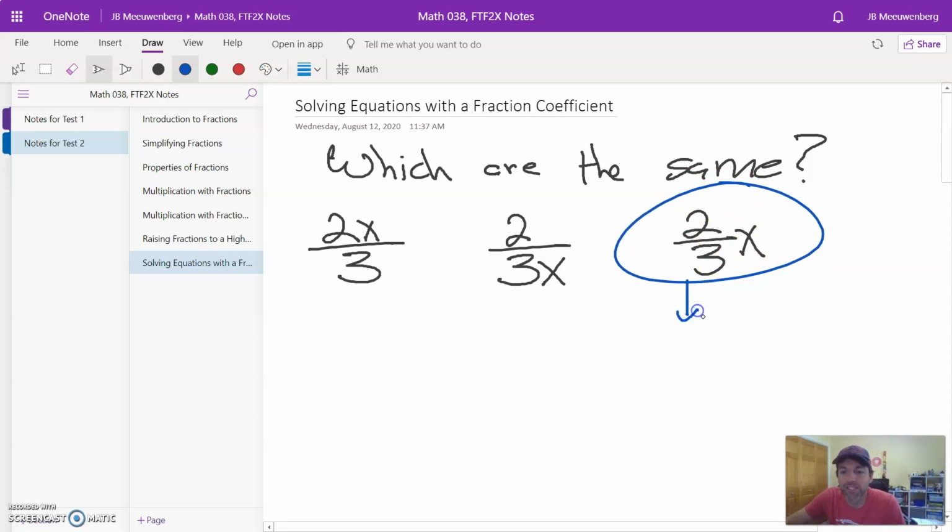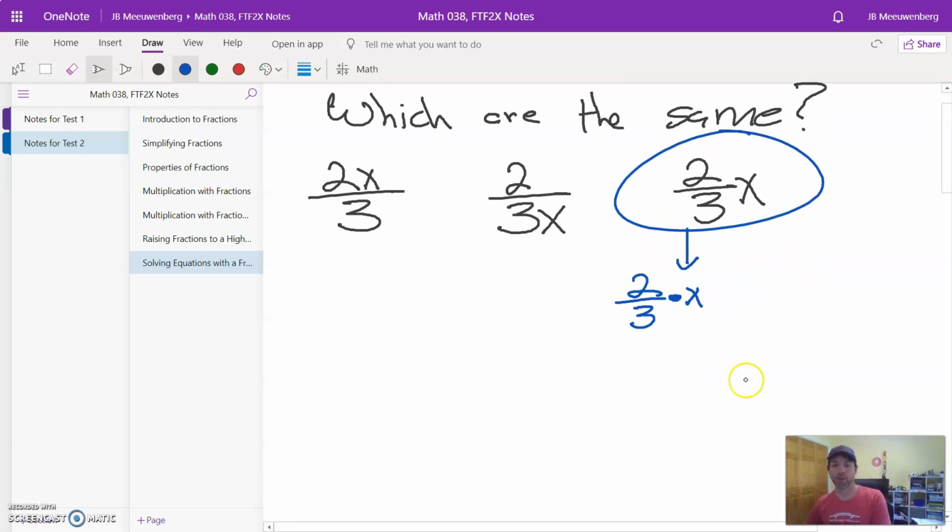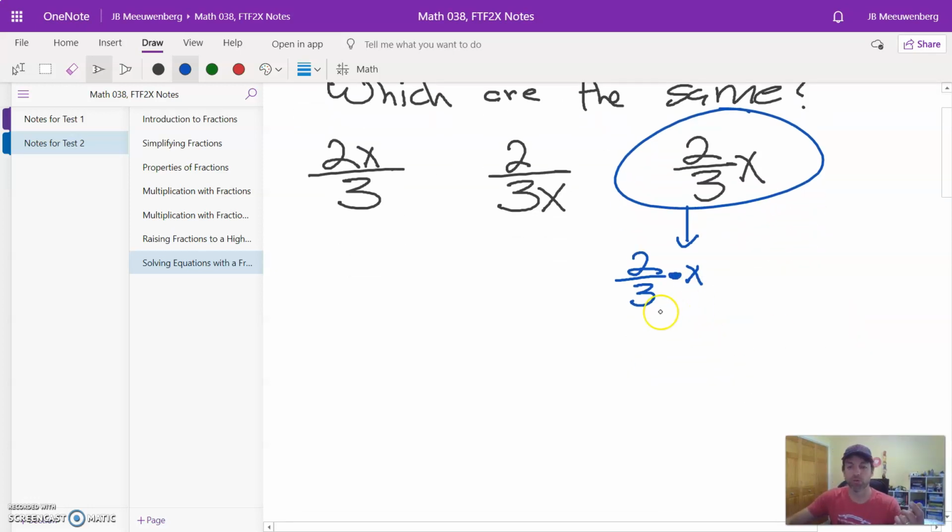So what this means right here is we have the number 2/3, and we're going to multiply it by x. So I would write it like that. Okay? But we also know that we can write a whole number over 1. So 2/3 x could be written as 2/3 times x over 1. Well, then we know when we multiply fractions, we multiply straight across.